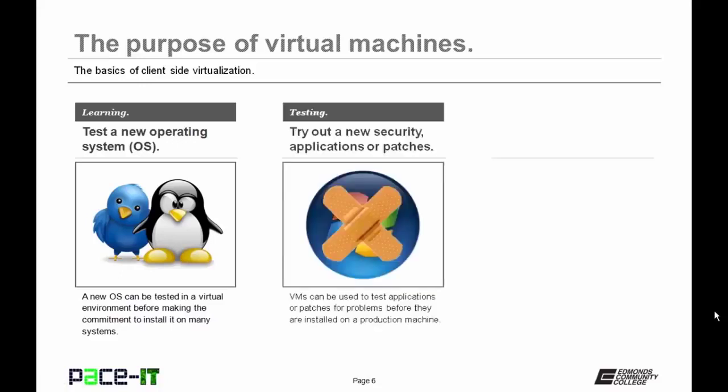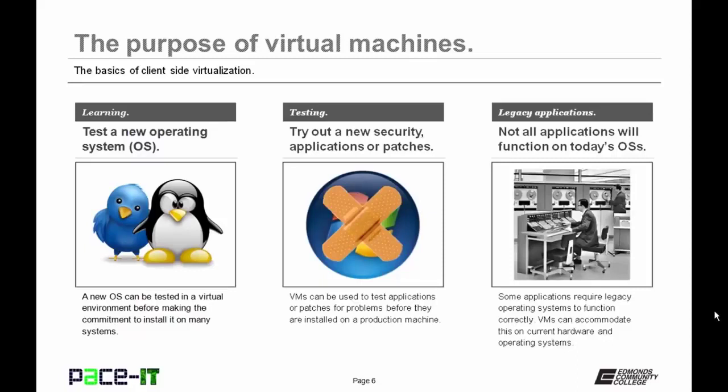Virtual machines can test out applications or patches for problems before they are deployed on production machines. In some cases, you may have an application that won't work in a modern operating system. Well, a virtual machine can allow you to load that legacy operating system and the application that requires it in order to run. It's a great way to keep old applications running in the modern era.